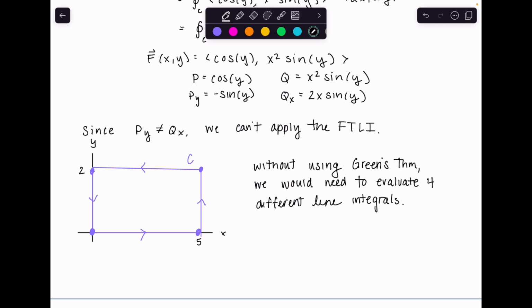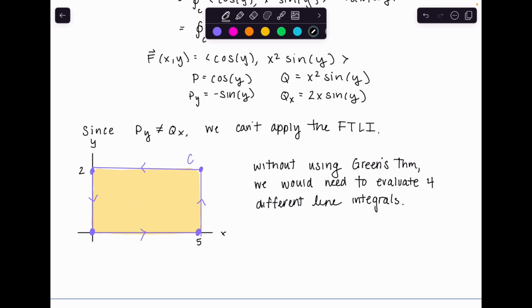But instead, because this encloses a region, I can deal with the rectangular region, which we know rectangular regions have the nicest bounds because they're just constant bounds.